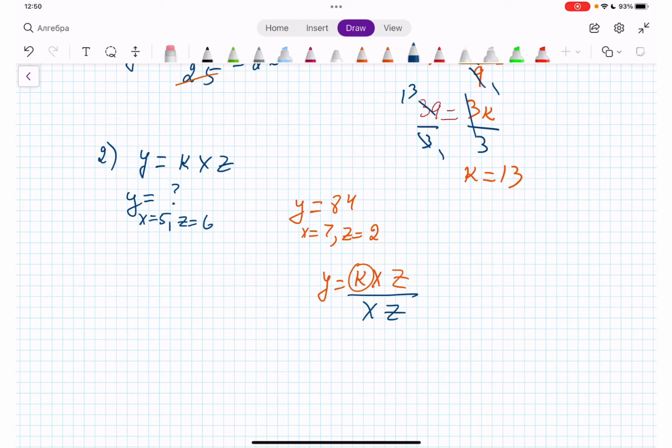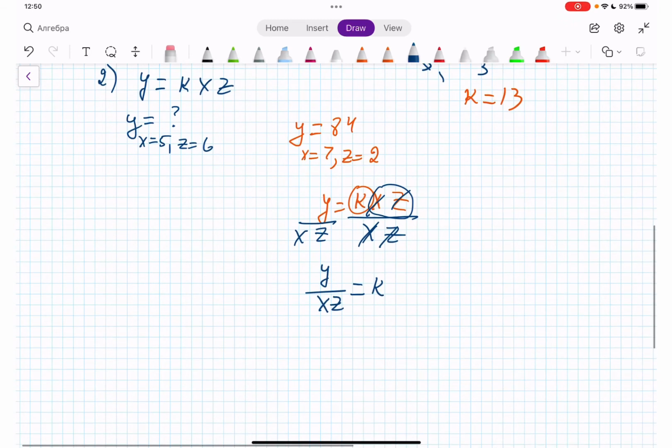This way they will cancel each other. And the same operation we do to one side of the equation, we have to do to the other side. So from here, y over xz is equal to k.